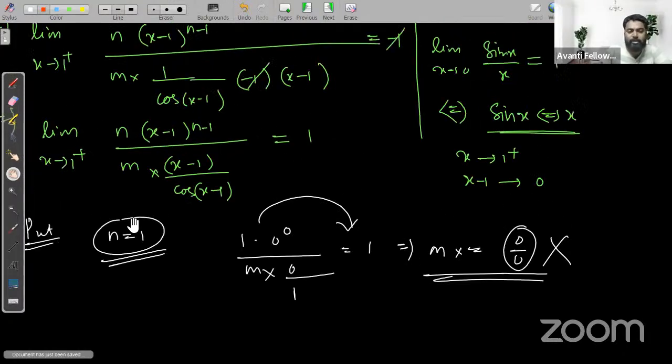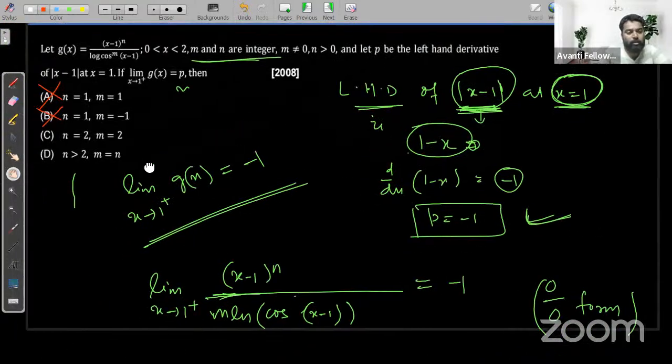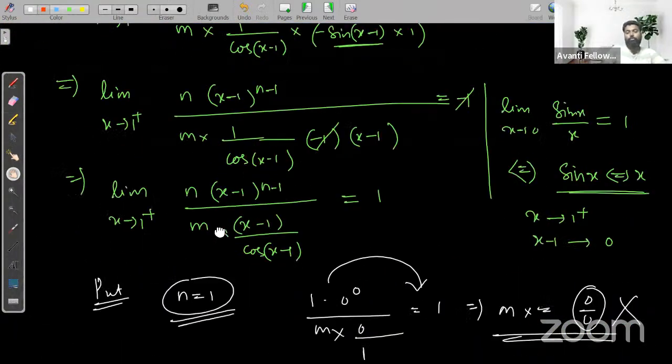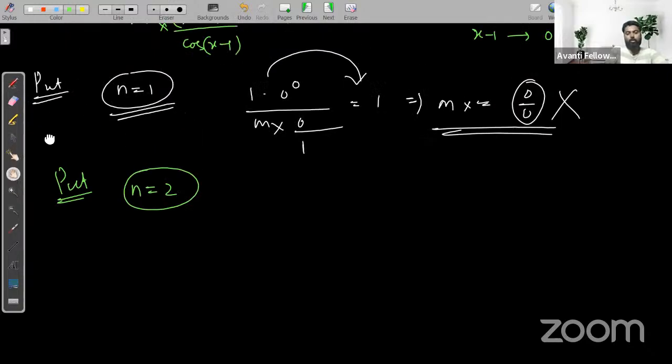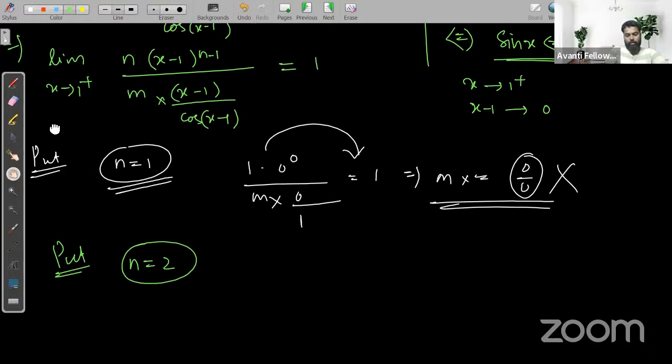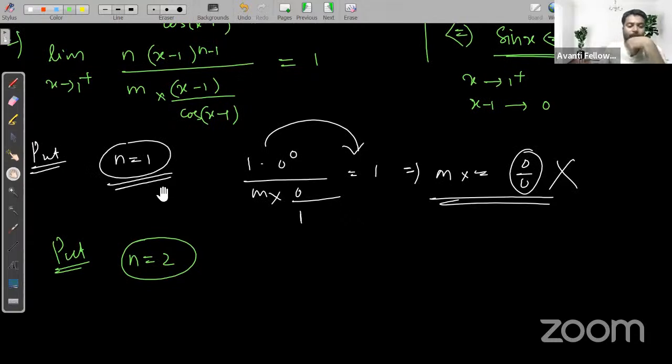Okay, just put in the third option, n is equal to 2. If we put n is equal to 2, अच्छा क्या है? अच्छा, in this case, if we put n is equal to 2, what will be happening? Let's see. This will be 2 into (1 minus 1) to the power 1.